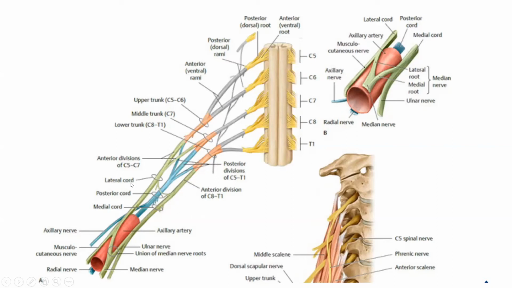As I mentioned, please revise our video of the muscles of the upper limb. In that case, you can see the motoric innervation of each muscle, which are innervated by those nerves that I mentioned.